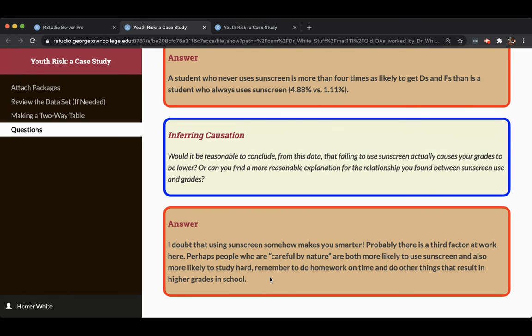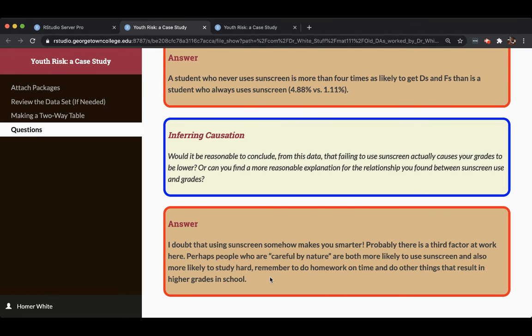I doubt that using sunscreen somehow makes you smarter and not using it somehow makes you dumber. Probably there's a third factor at work here. Think of a third variable about people, other than sunscreen use, other than grades, that might influence both sunscreen and grades. How about how careful a person is?